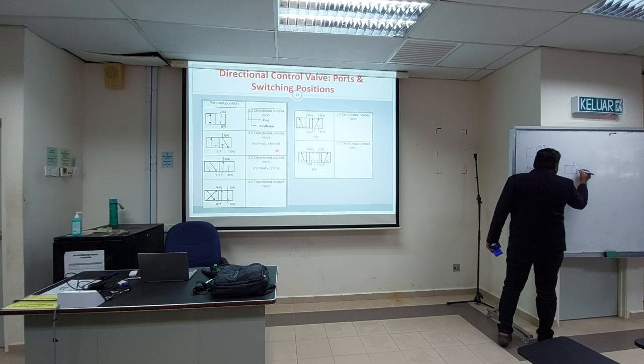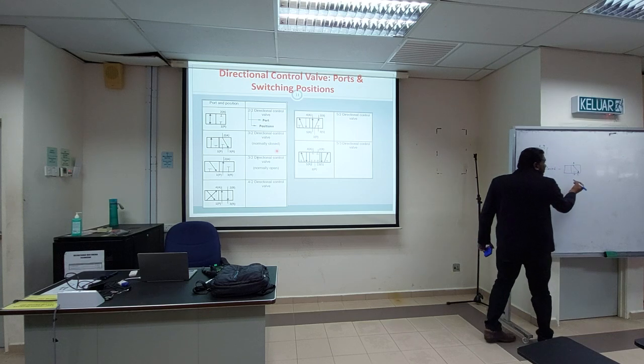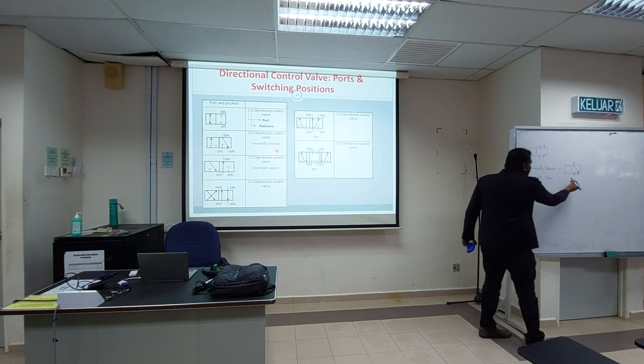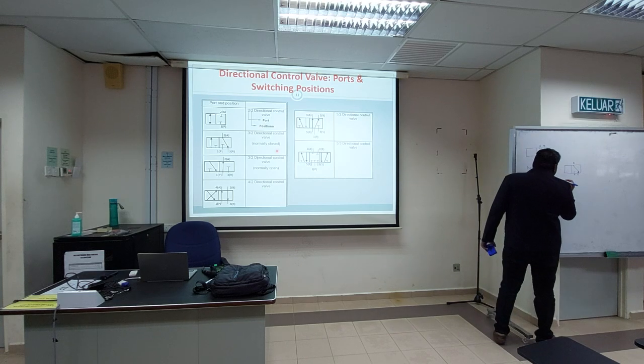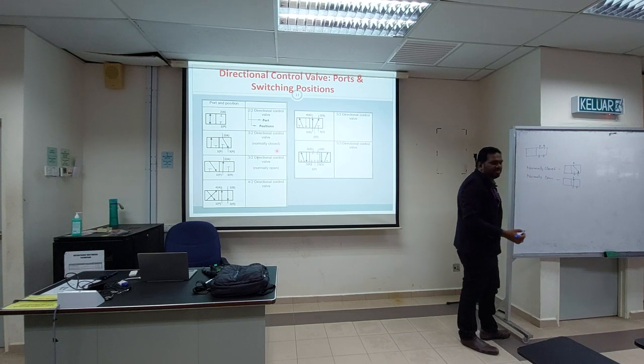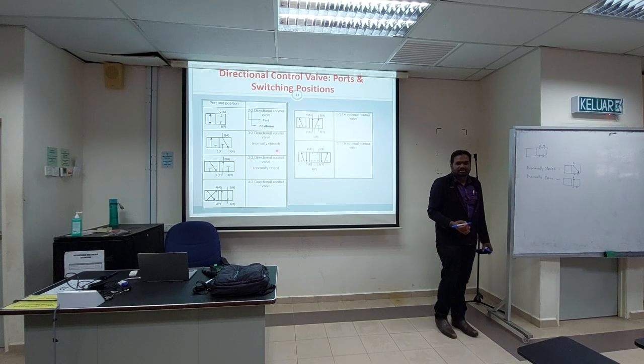So it will be connected to here. Sebab pressure tak ada, no connection. So kalau you pressure dia connect to A is normally open. Kalau normally open, it will be like this. So normally open, so always have connection first. Faham tak?